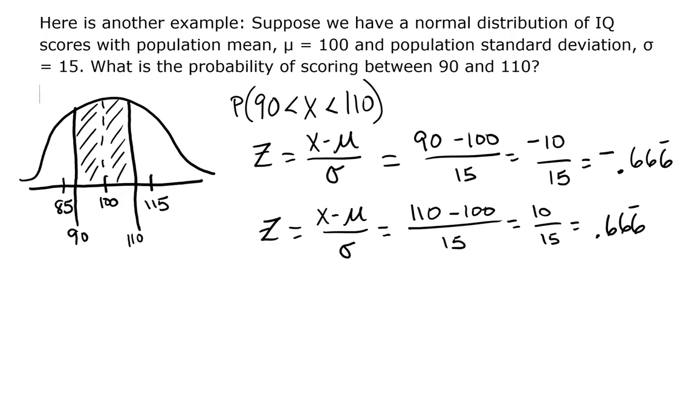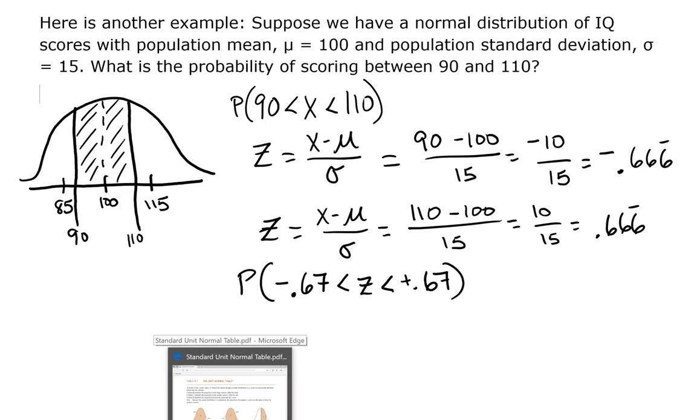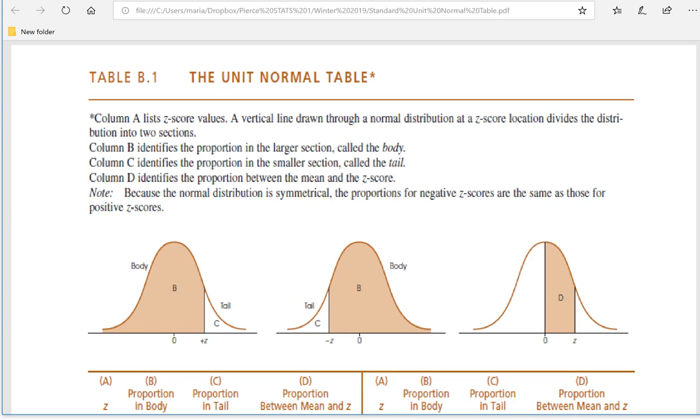So we're actually looking for the probability of negative 0.67, remember we have to round up, greater than z, less than positive 0.67. All right, so now we get to look up these z-scores in the unit normal table.